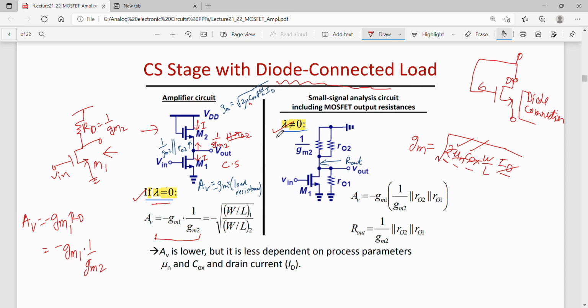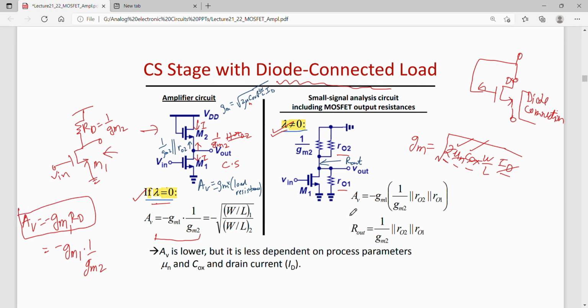Now one can find the gain when lambda is not equal to 0. When lambda is not equal to 0, one has to consider ro2 and ro1 both. So the gain equation can be modified. We found the gain as this, so from this one can modify the gain.